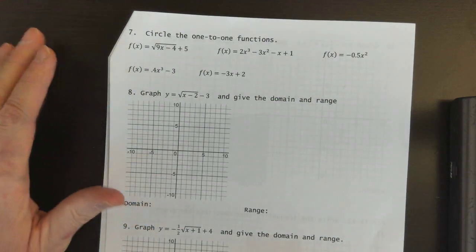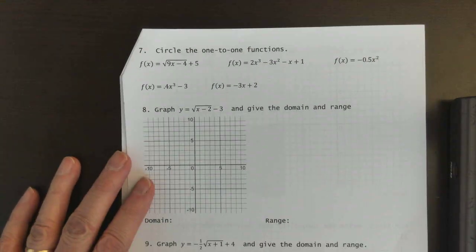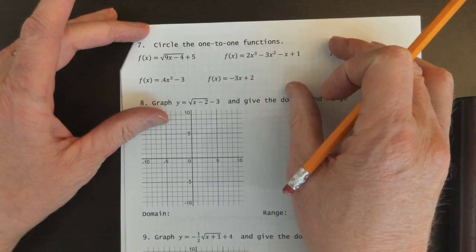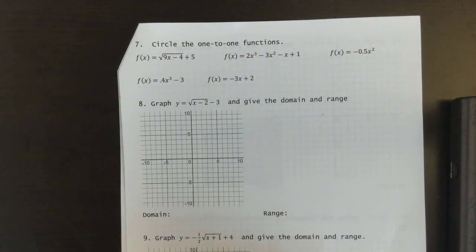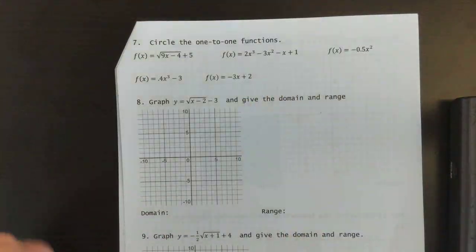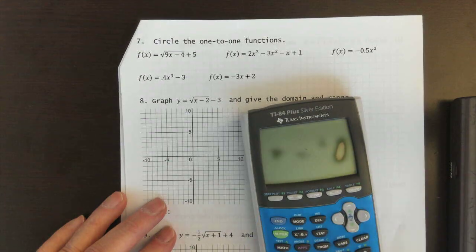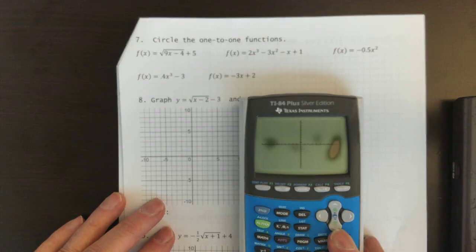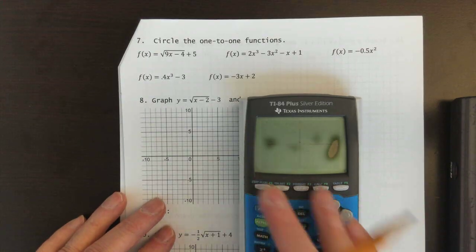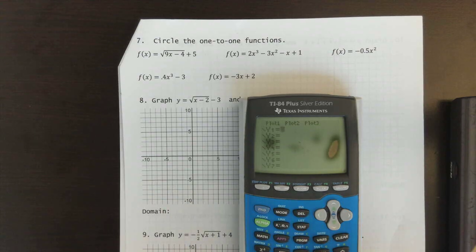Now, you need to circle the one-to-one functions here. I think I'll probably have a question like this. I may give you a handout that has the actual graphs on it, so you don't have to spend the time graphing it. But I am going to draw these graphs. And I need the square root of 9x minus 4.